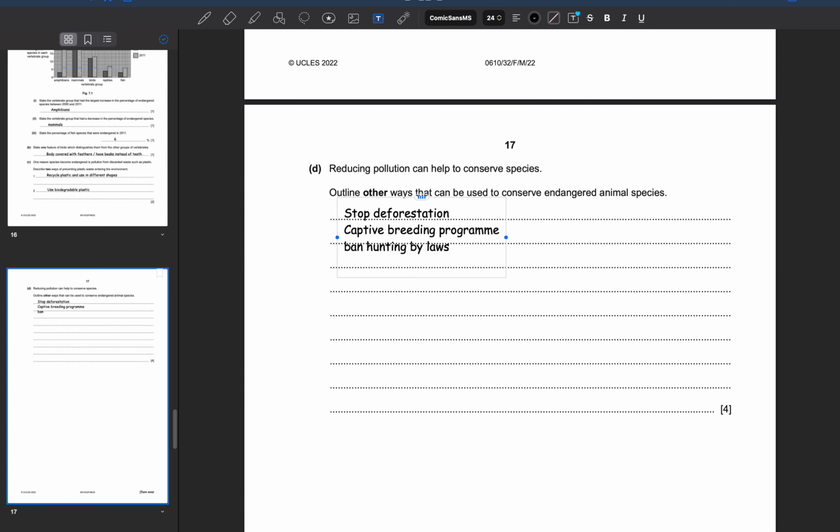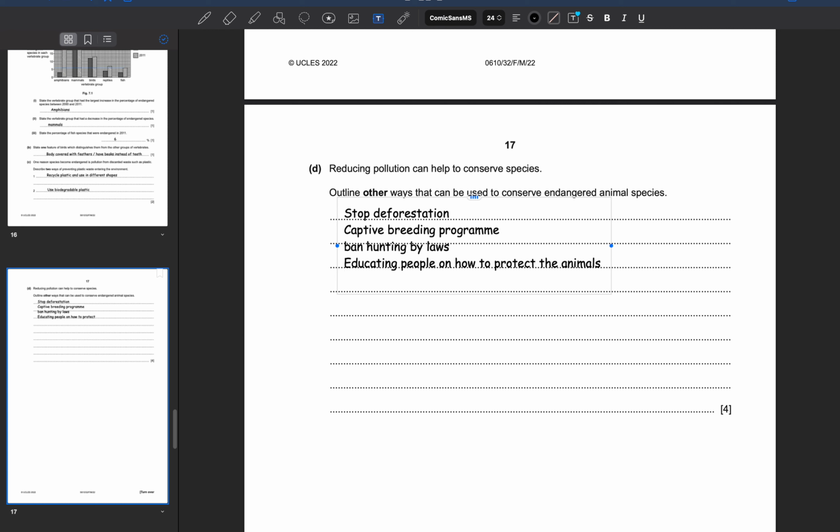Also education, by educating people on how to protect the animals.